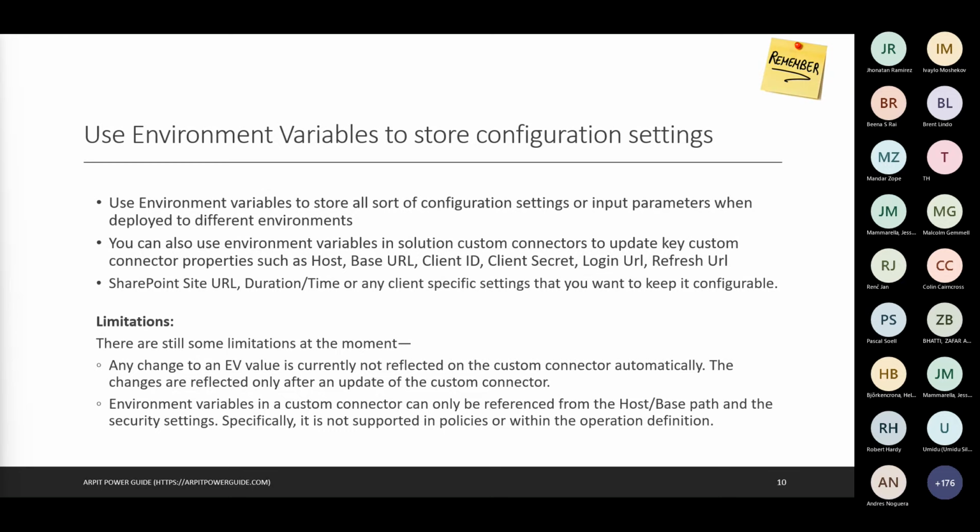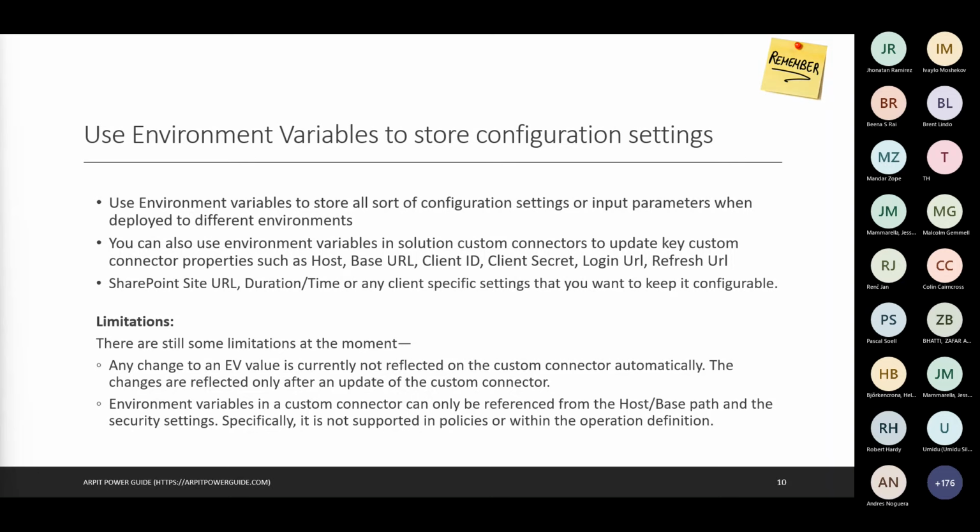You don't need to go to the code; you can just do it directly in the configuration settings or environment variables, and your component will stay intact. So you should always use environment variables to store all sorts of configuration settings, and obviously keep the limitations in mind as well.